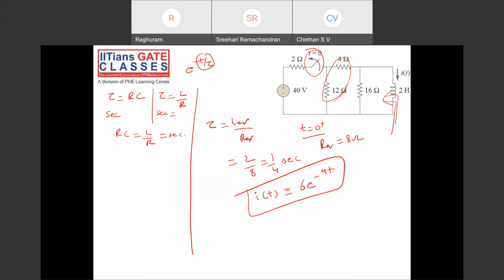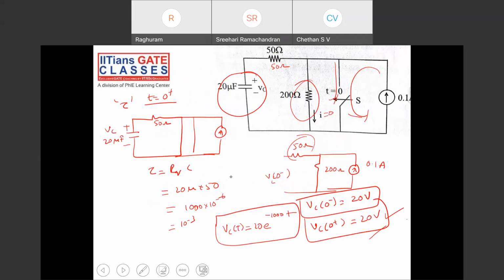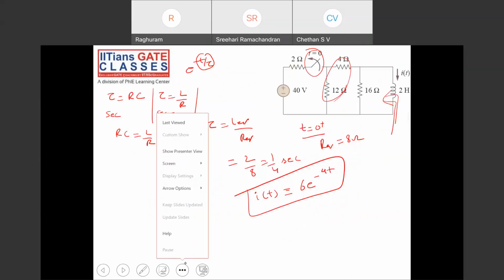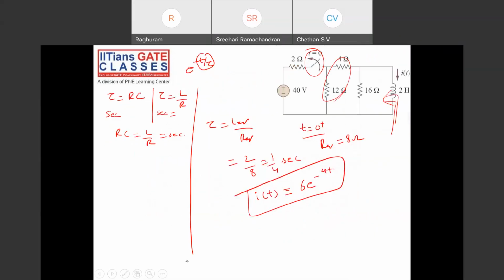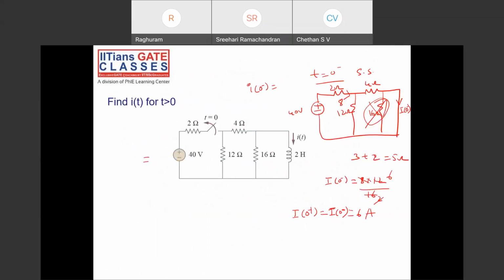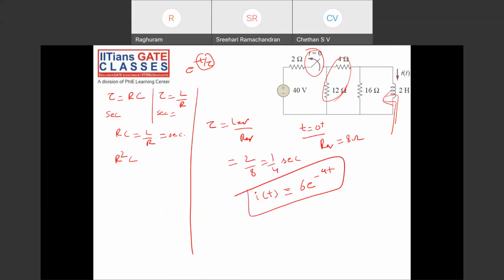What are the units for R square C? If someone asks you, what are the units of R square C? It is Henry. R square C is L, which will have units of Henry.